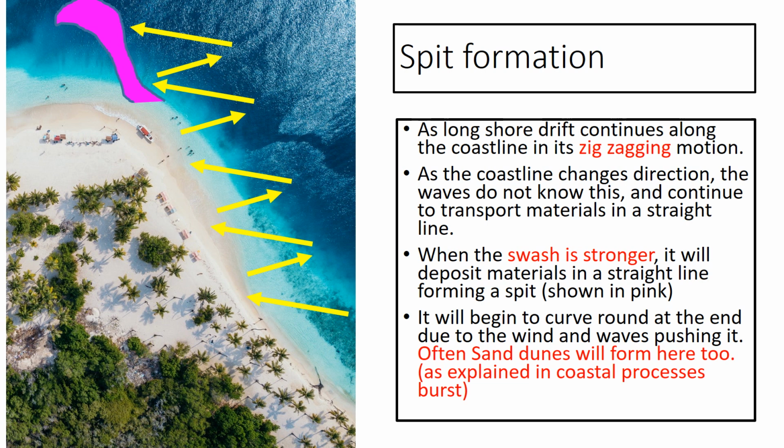This is the formation of a spit. This is where the materials have been deposited in a row after the coastline has changed. That is a spit, and that is how it forms. Often sand dunes will form on the spits as well as elsewhere on the beach.